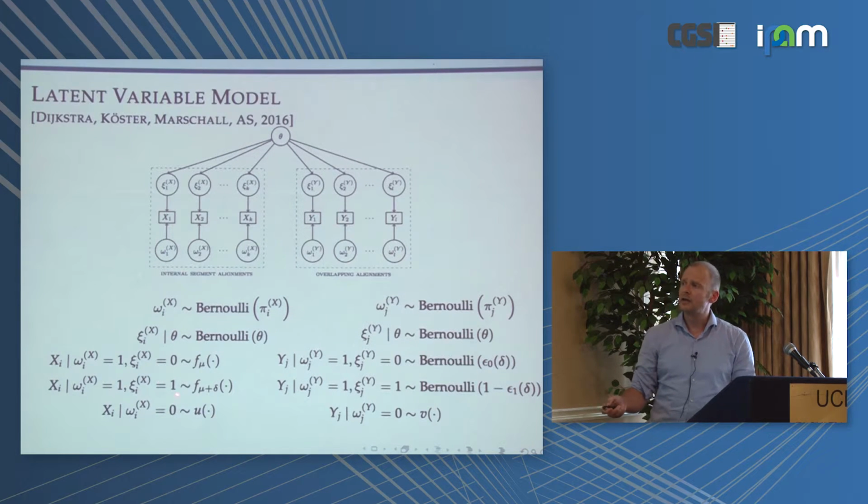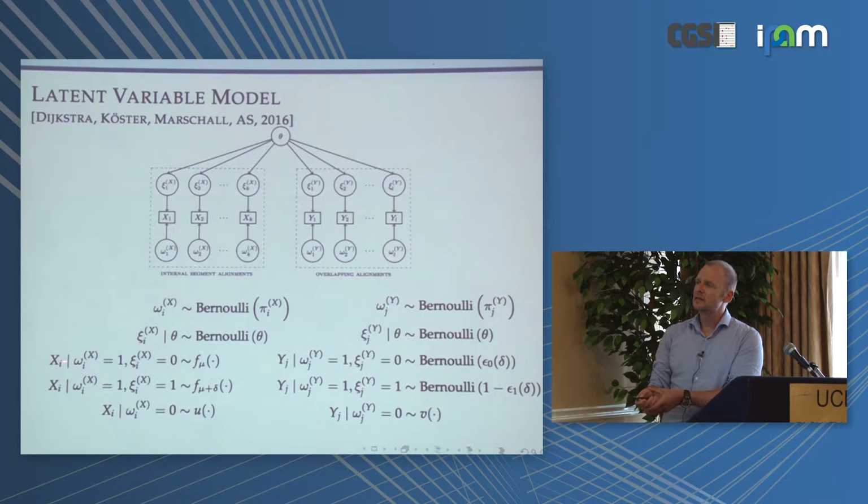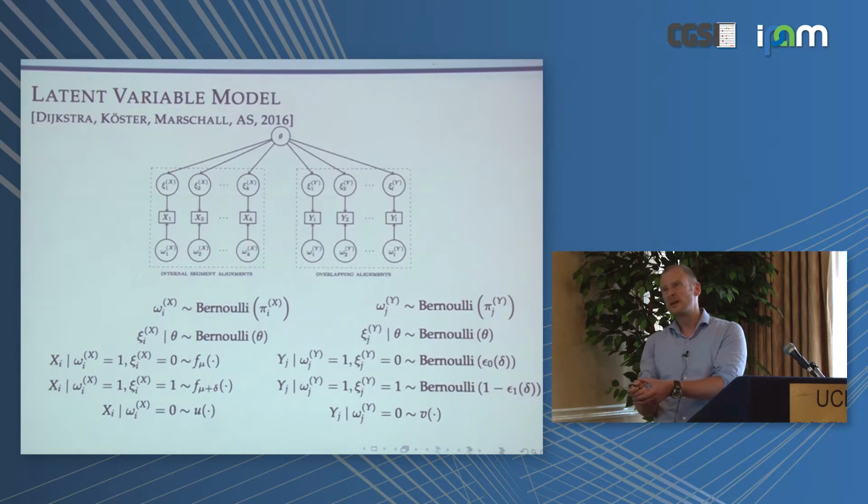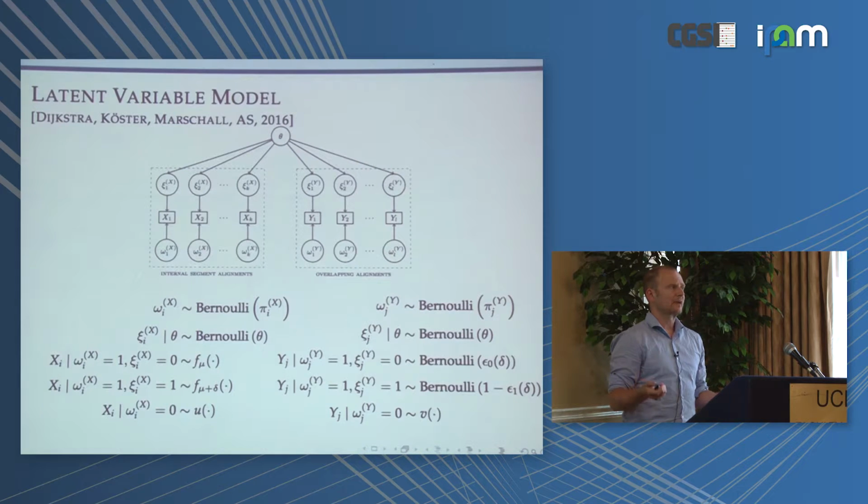Say we zoom in here: omega is 0 or 1. It's 0 if the element is not correct, and 1 if the element is correct. And this one is 0 if the alignment is not associated with the variant, and 1 if it is associated with the variant. For example, given that the alignment is correct, omega is 1, and given that it's not associated with a variant, the alignment length is distributed like the original fragment length distribution.